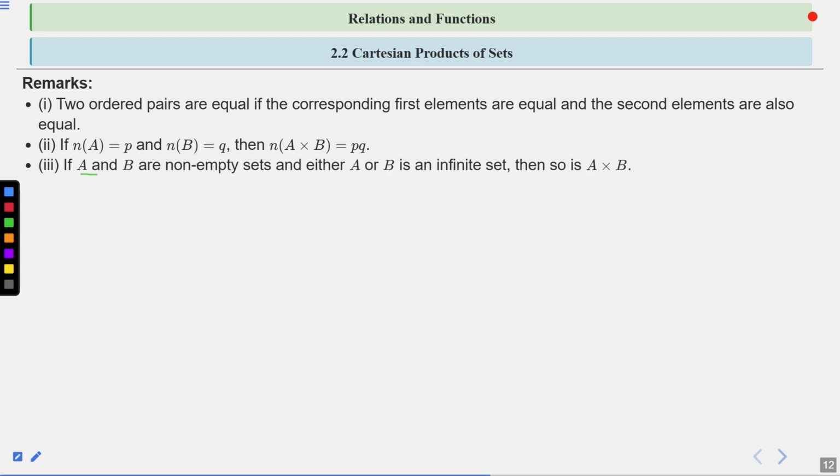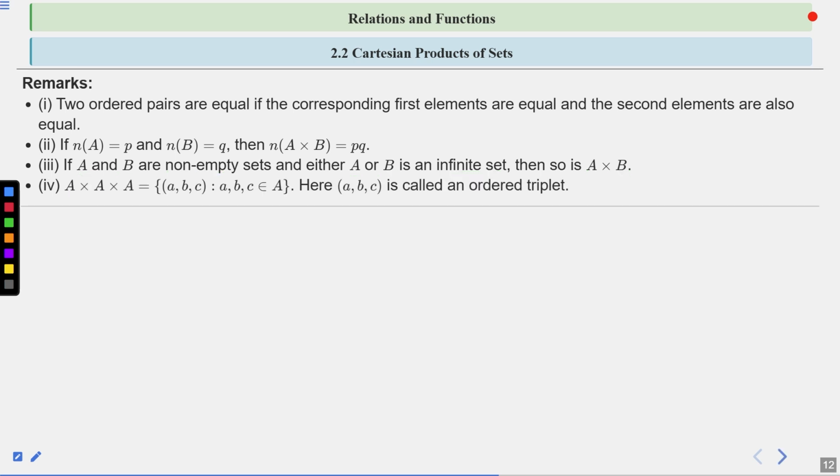Third says, if A and B are two non-empty sets and either A or B is an infinite set, then A cross B will also be an infinite set. Okay. Now, fourth, what about A cross A cross A? This represents a 3-tuple, meaning an ordered triplet. Here we have 3 elements, so we use the term triplet.